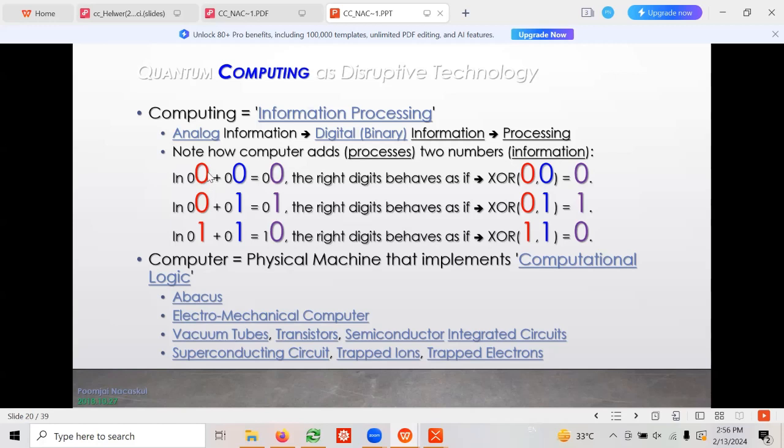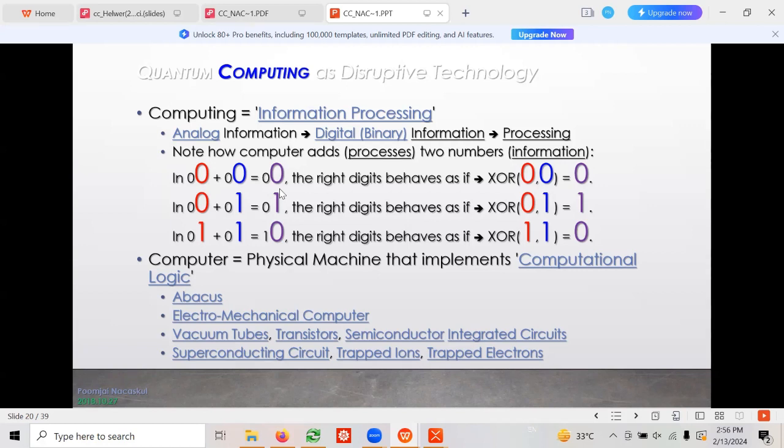What is the operation of addition? It is equal to what's called an XOR gate. The XOR gate takes two inputs. If both are 0, the output is 0. If one is 1 and the other is 0, the output is 1, because 0 or 1 is equal to 1.